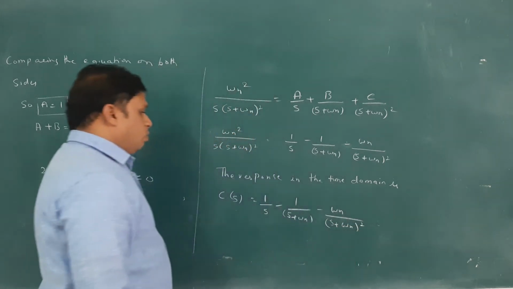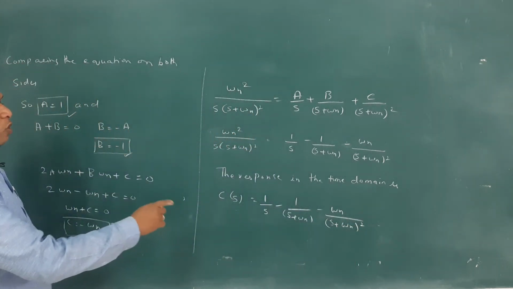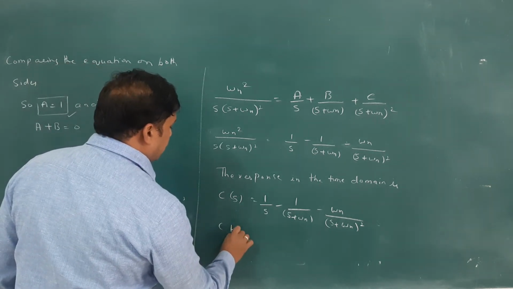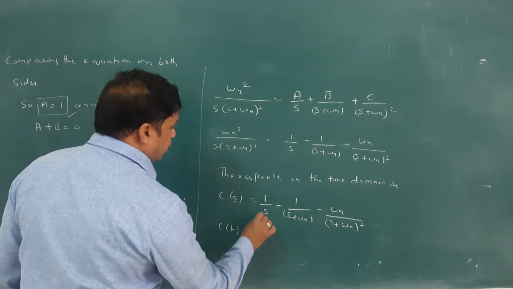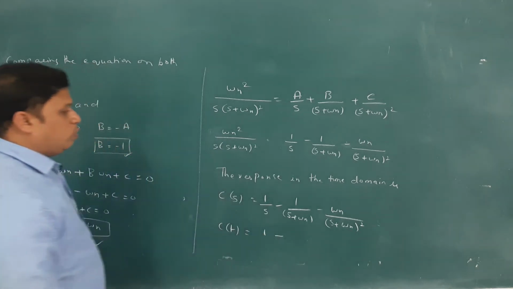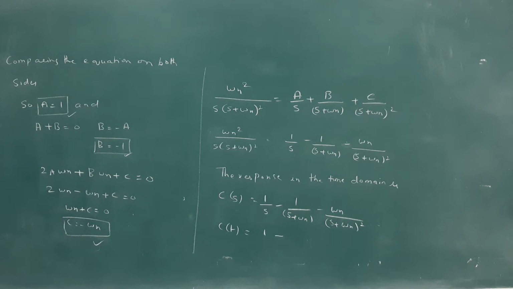Now we will do this in the time domain, C of t. What is the time domain of 1 by s? It is 1. Minus 1 by (s plus omega n): we have seen the previous values, 1 by (s plus omega n) is e power minus omega n t.